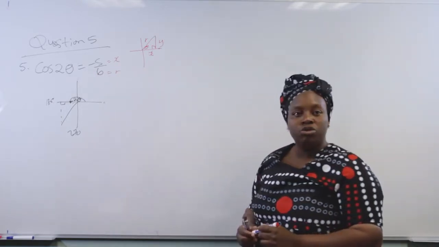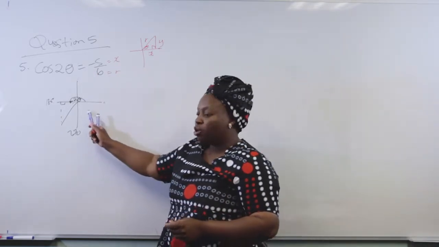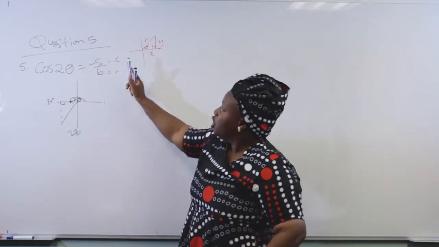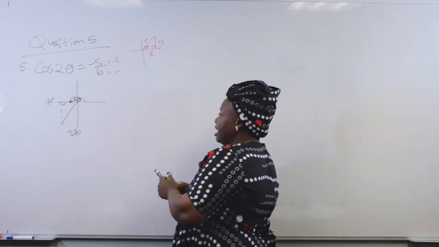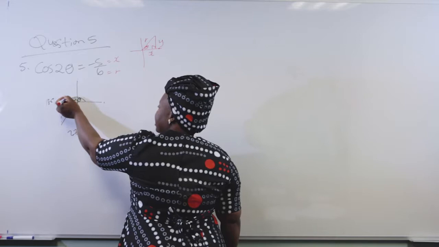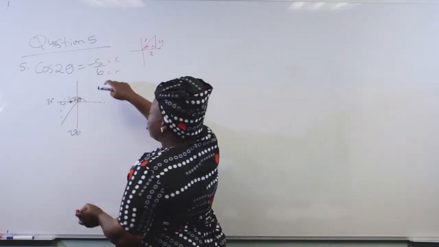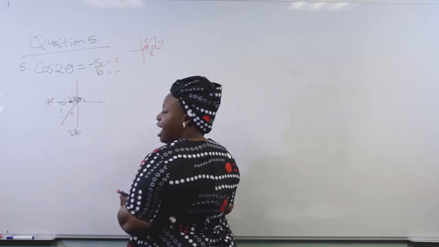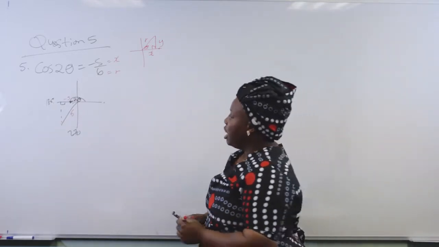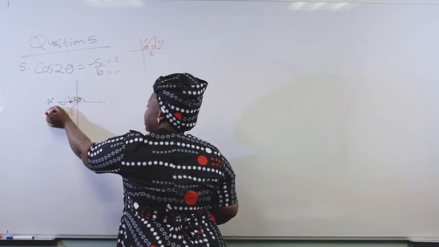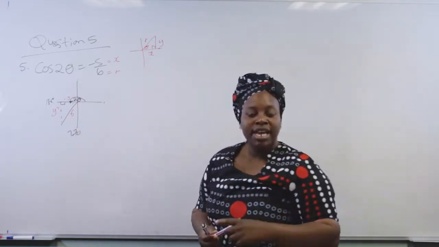So that's what you're going to do on the sketch. You must label them as such. Look at this. Your negative 5 is going to be on the x-axis because it represents x. And your 6 is going to be the r, which is your hypotenuse. What are you looking for now? It is your y. Your y is now missing. You need to find the y.